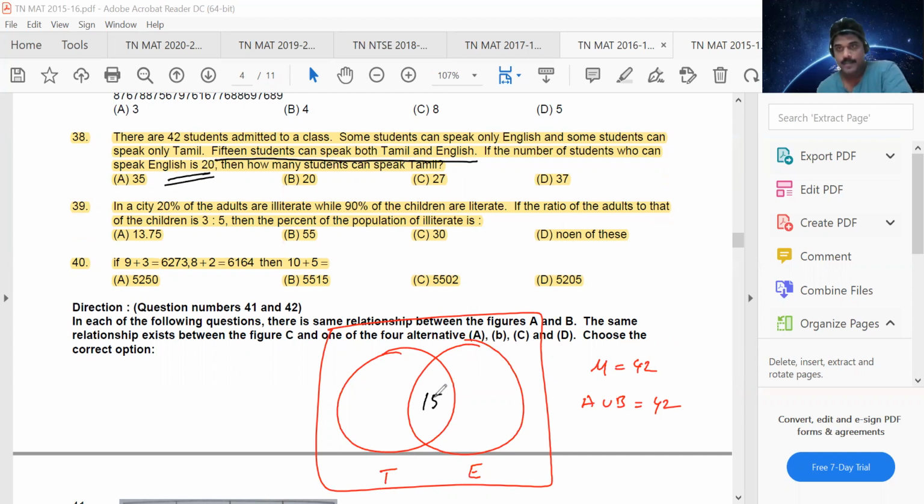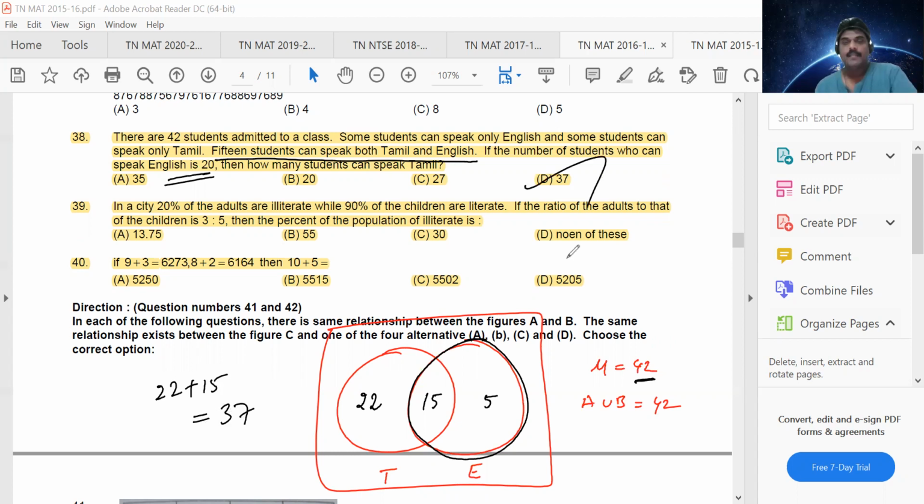So 15 speak both, and if you add another 5, you will get the number of students who can speak English. So out of 42, 20 are done. So the remaining 22 can speak only Tamil. Now the question is, how many of them can speak Tamil, only Tamil as well as both languages? Now add 22 plus 15. Your answer is 37.